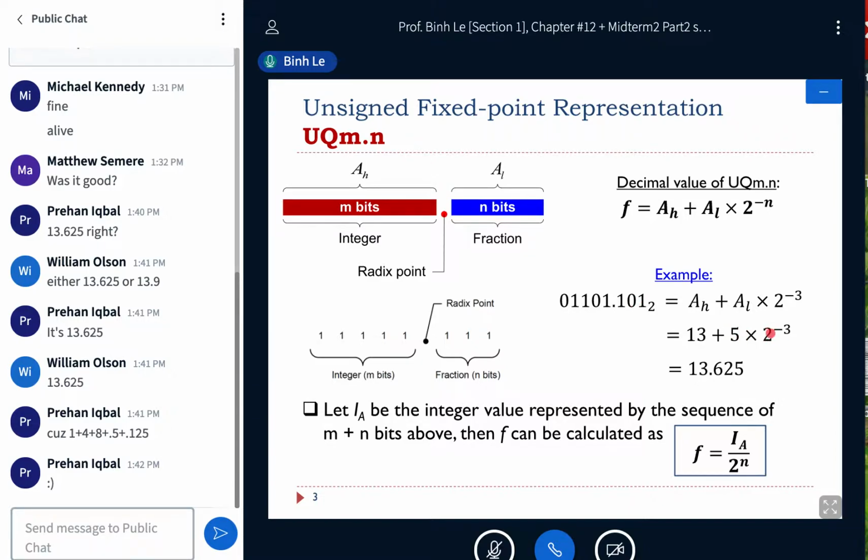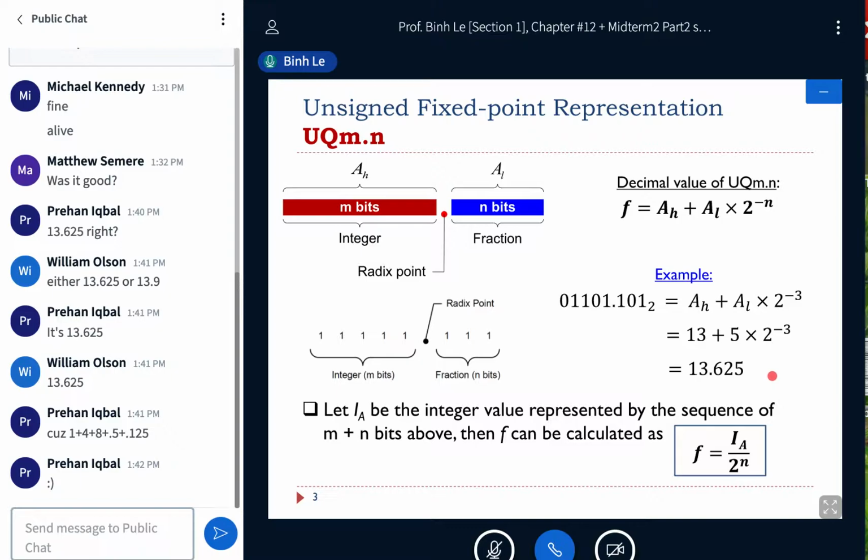Because we use 3 bits, n equals 3. So 5 multiplied by 2 to the power of minus 3, basically divided by 8, will be 0.625, and you add the two together. So the real number it represents is 13.625.